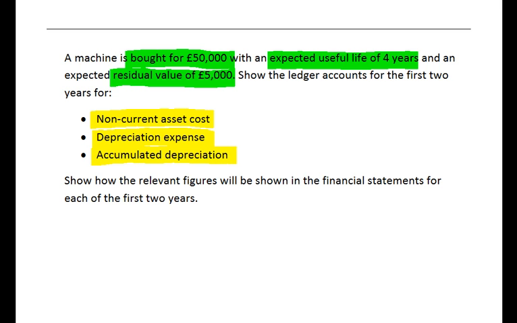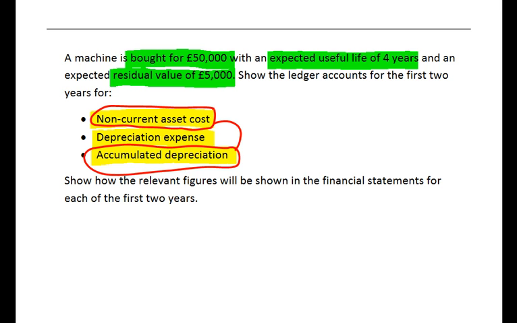And what we're going to see is that that accumulated depreciation T account effectively gets netted off against the asset cost, because when we're actually showing the asset on our balance sheet or on our statement of financial position, we're going to always show the net book value. And what we're going to see is the net book value figure will be the net, literally, of the cost and the accumulated depreciation.